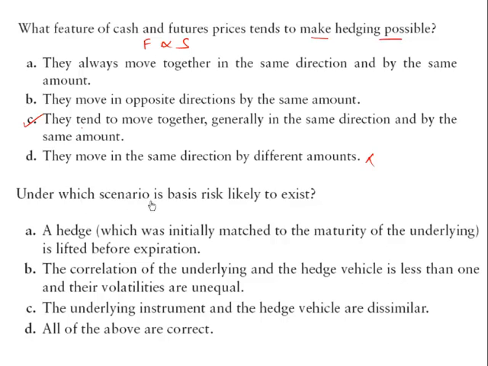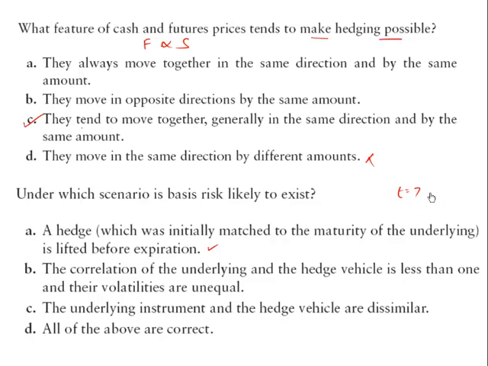Under which scenario is basis risk likely to exist? A hedge which was initially matched to the maturity of the underlying is lifted before expiration. Yes. So t equal to 7 is when our money was coming, and t equal to 7 is when we had shorted the yen.